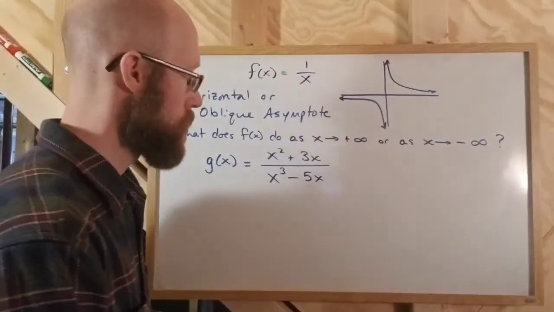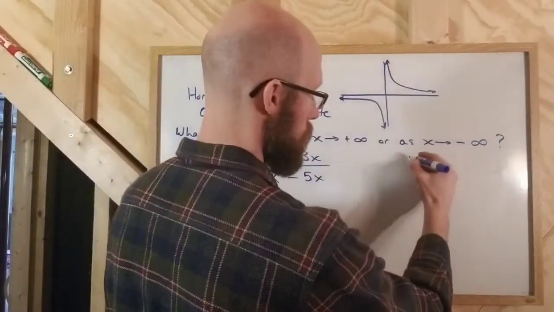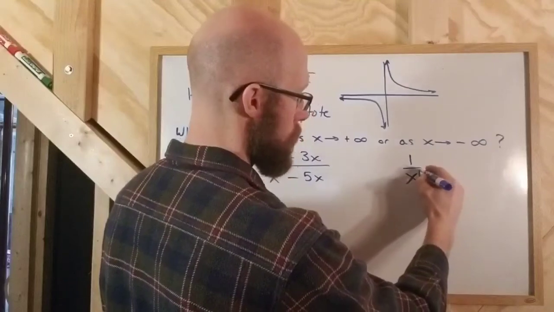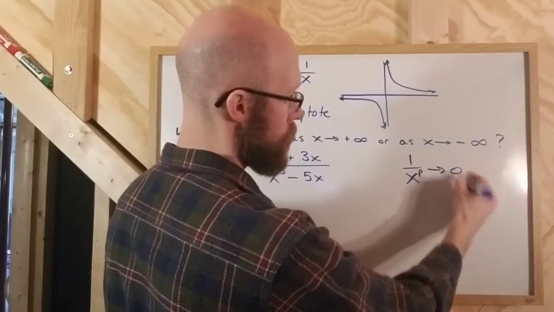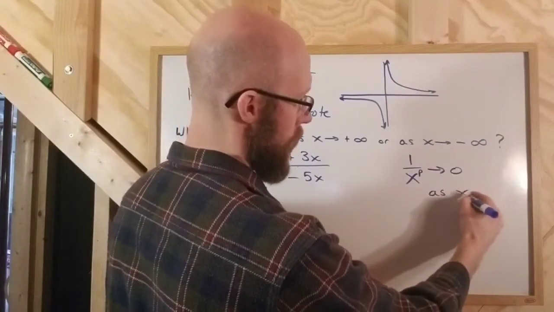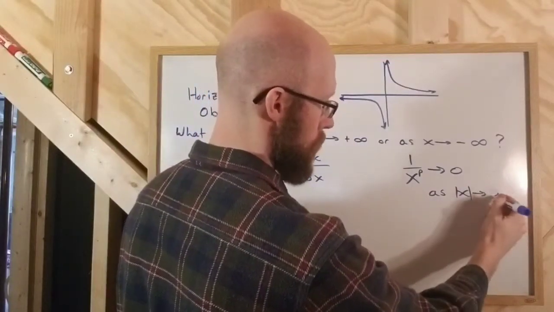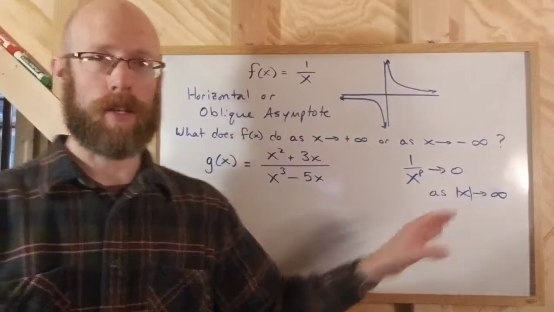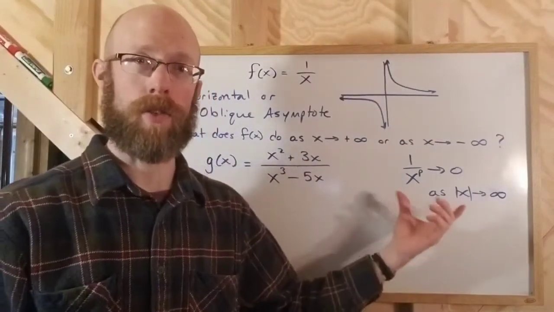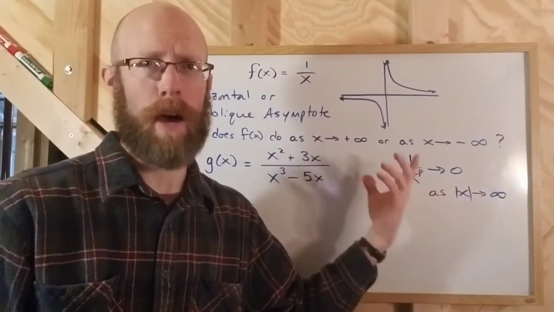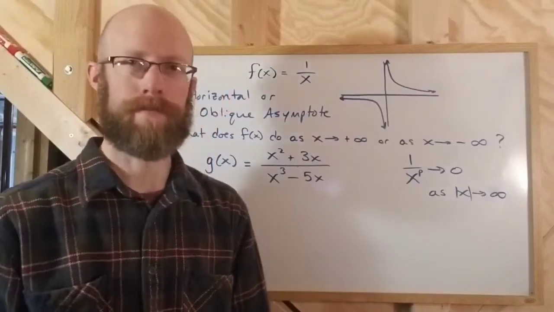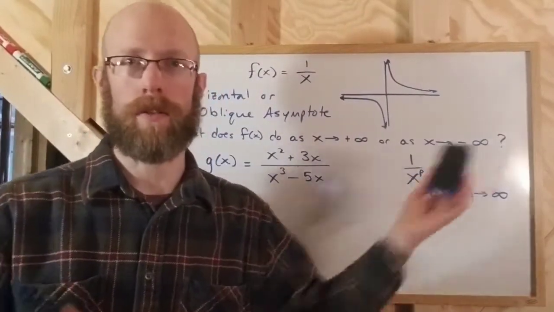And so as a general principle, 1 over x to any power really is going to go to 0 as x goes to positive or negative infinity, or the absolute value of x goes to infinity. That's generally going to be the case, no matter what that power is, x squared, x cubed, as long as that power is a whole number.